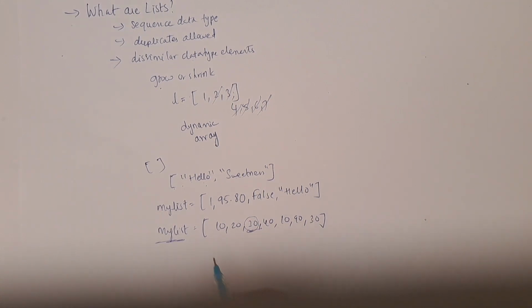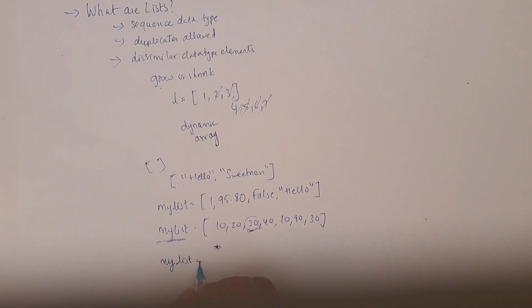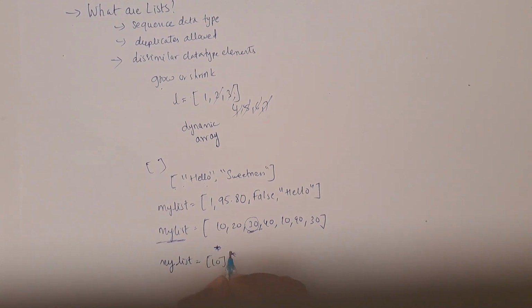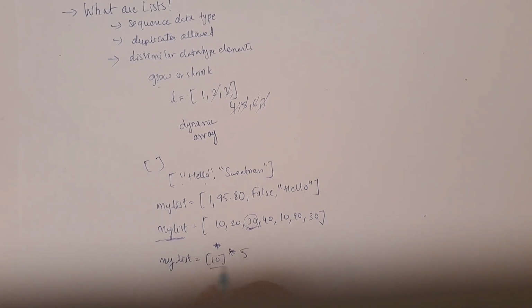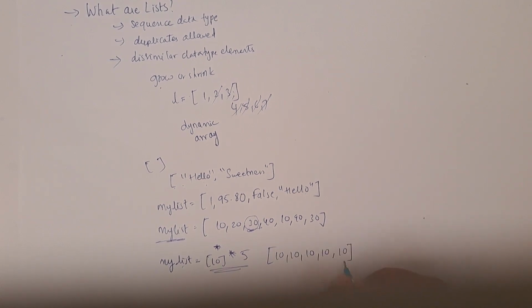And you can also repeat the elements by using the asterisk. Like for example, my list is equal to 10 asterisk 5. This represents that my list will contain 10 five times.